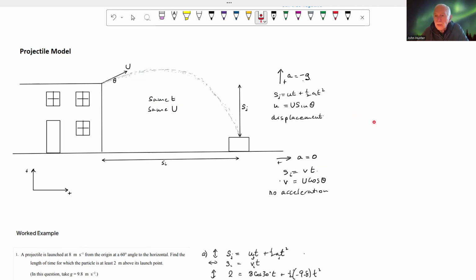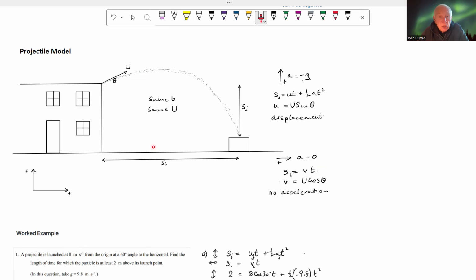Now, we're not necessarily solving them in the same way that we're used to solving, but we might be. There are problems that you may well get in your examination where both u and t are unknown.